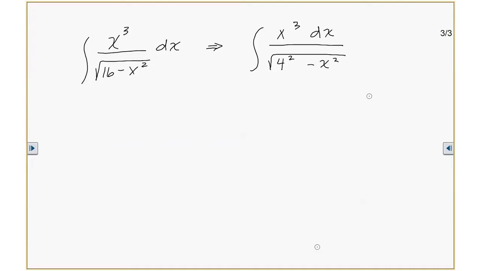And now you know what you're dealing with. So you look in your trig sub key, and you've got a minus symbol, but you've got the number first and the variable second. So that means we're dealing with what? Sine.